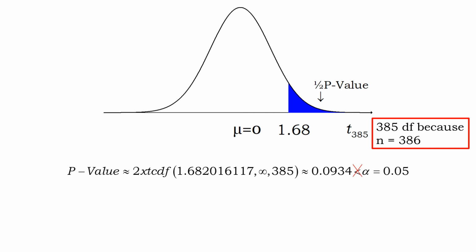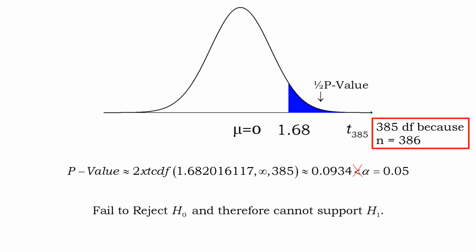We're going to use the tcdf from our test statistic to infinity with 385 degrees of freedom, but that's only half of my p-value, so I need to multiply that by 2, giving me eventually a grand total of 0.0934 for my p-value. As always, we compare that p-value to alpha. That p-value is not less than alpha, so we fail to reject the null hypothesis, and because we fail to reject the null hypothesis, we cannot support the alternative.